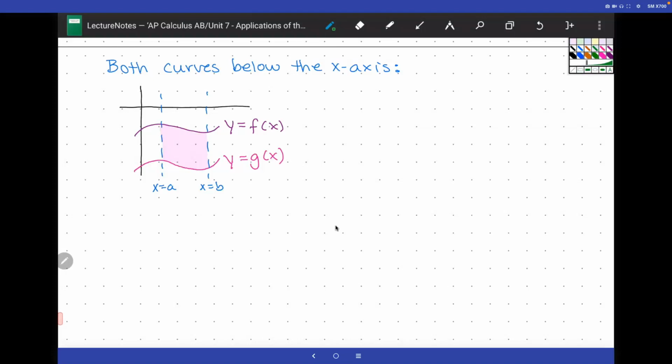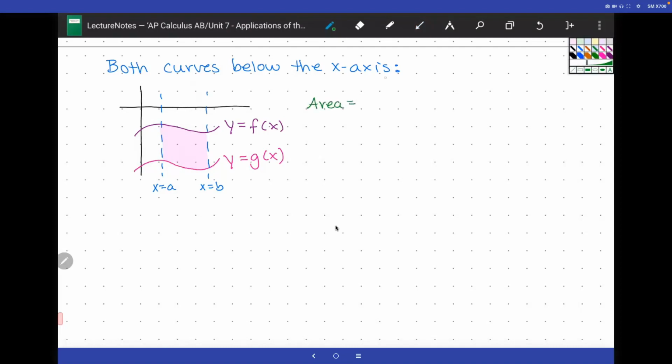So this time, that pink area is going to be the area between the x-axis and g of x, but then we're going to take away this white area here between the x-axis and f. So we're going to do the area, well, I'll just write it out.